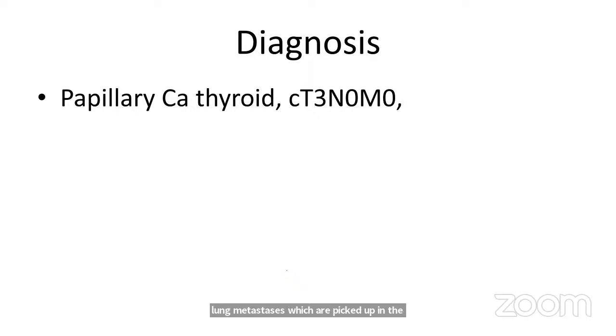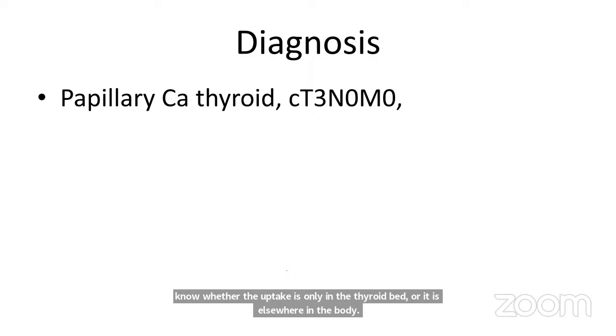But definitely, as you rightly said, the post-therapy scan is the most sensitive scan. But it is not that if we use 1, 3 or 5 millicurie we will miss the metastasis. There are high chances that you will pick it up. That's the reason we do a scan, so that we know whether the uptake is only in the thyroid bed or elsewhere in the body, so that we can categorize whether the patient is metastatic or not.